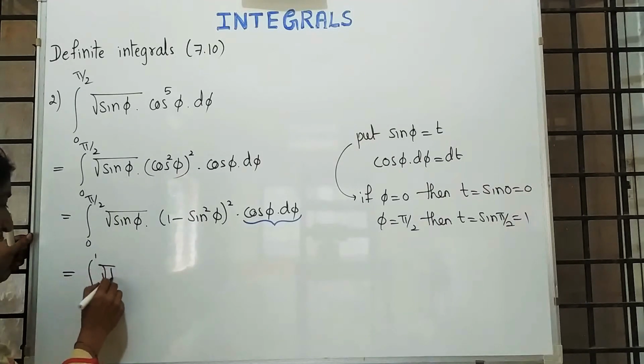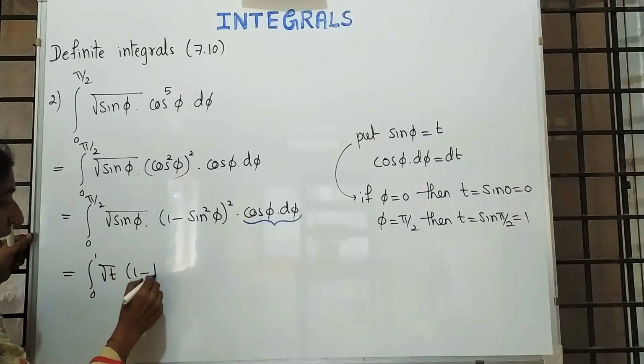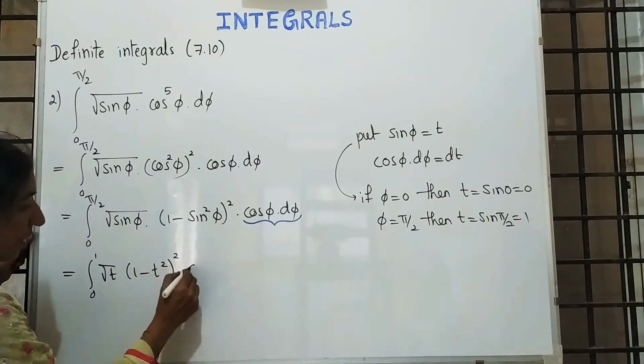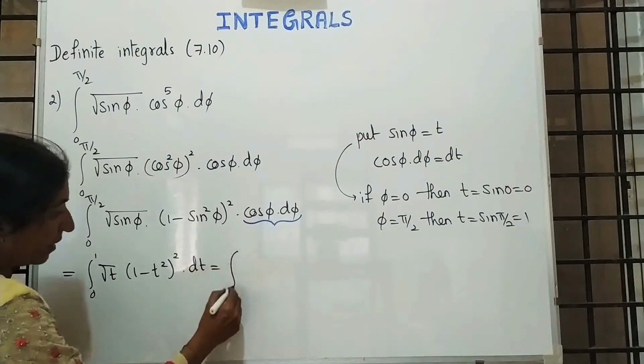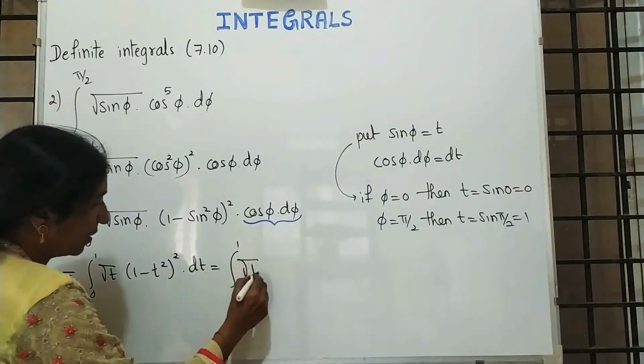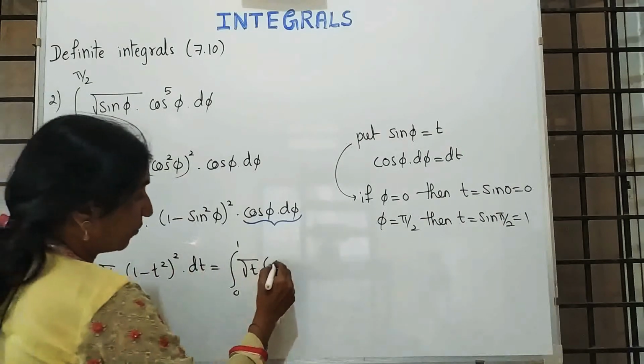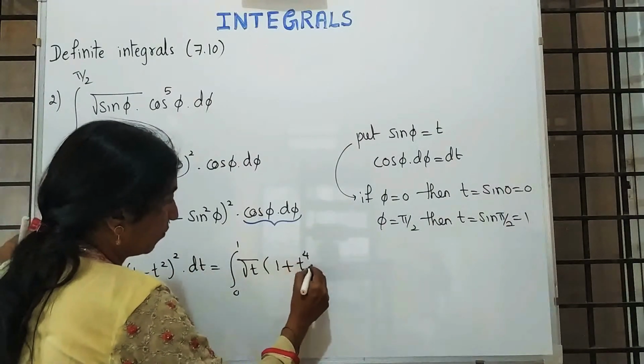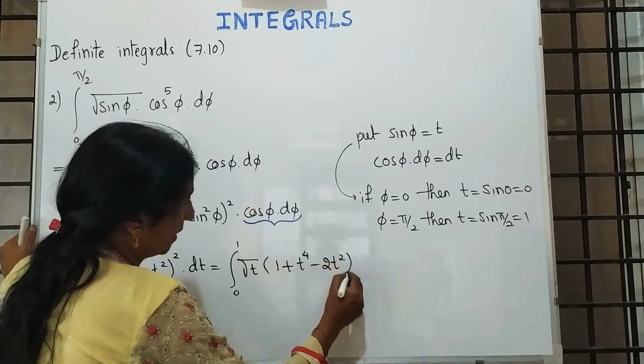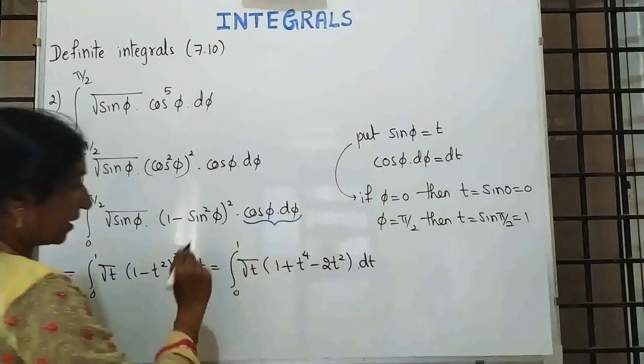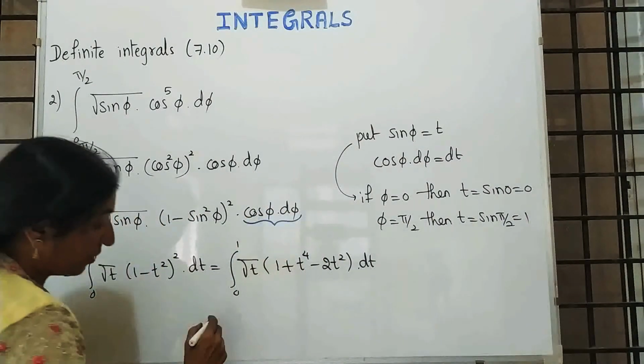It is root t into 1 minus t square whole square into dt. It is 0 to 1 root t, and a minus b whole square is a square plus b square minus 2ab, into dt. Before integration, remove the bracket.